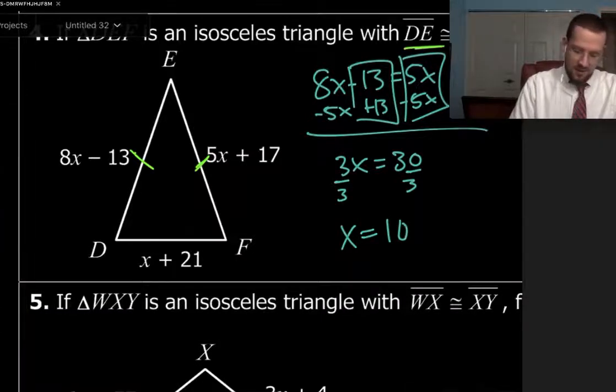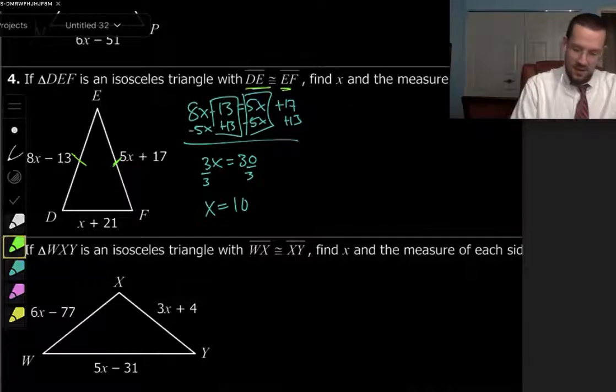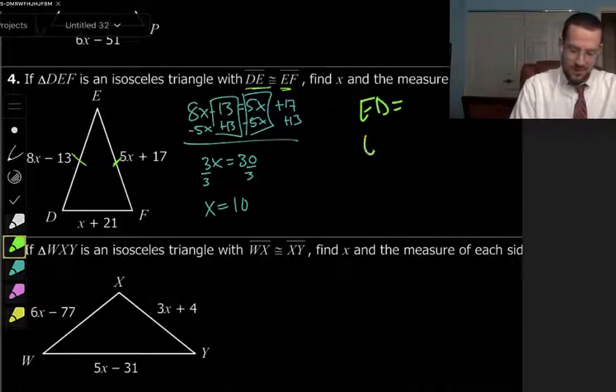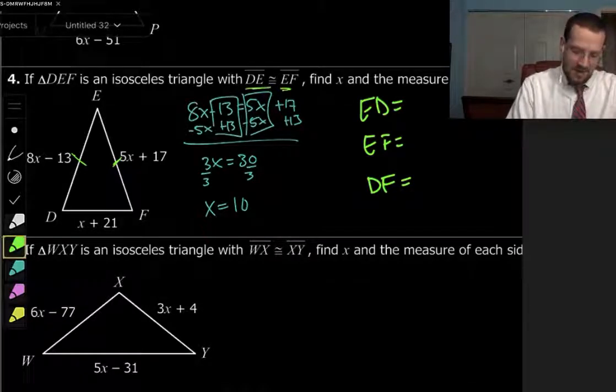Then off to the side, I'm going to write ED is equal to, EF is equal to, and then finally DF is equal to. And I'm going to use my value x to find those measures. We have ED is 8 times x minus 13.